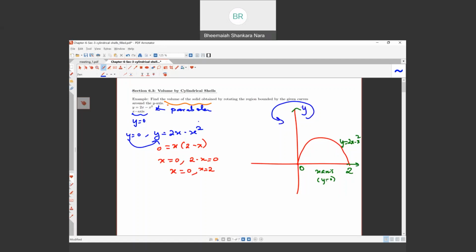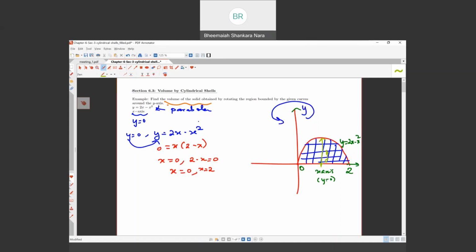So let's write that this is the shaded region, and this is the height, say y.